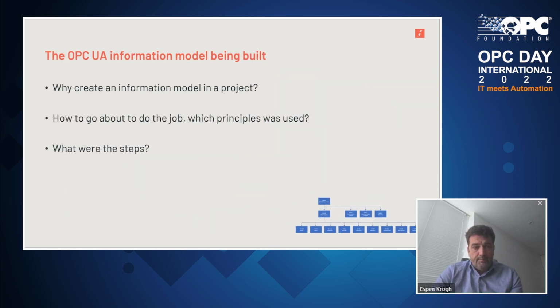So a bit about the OPC UA information model being built. What I want to talk about now is why create an information model in a project at all, why do we do that, and how to go about doing the job, which principles were used, what were the steps, and how did the process of taking out this information model actually happen.